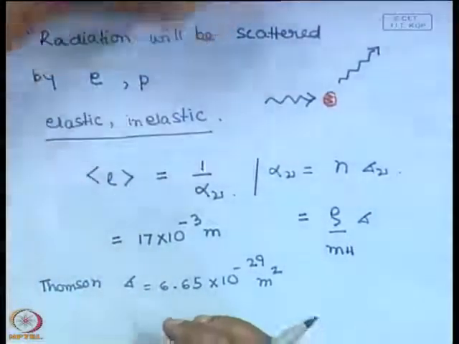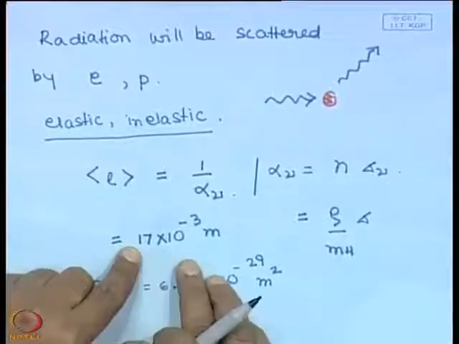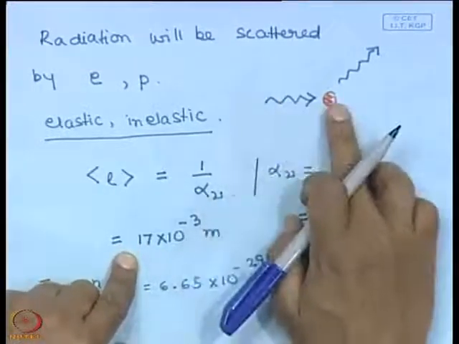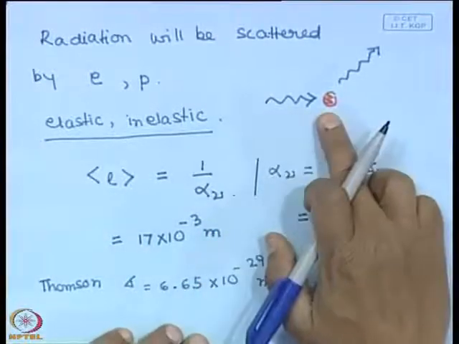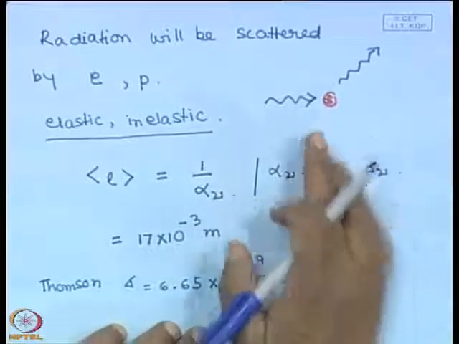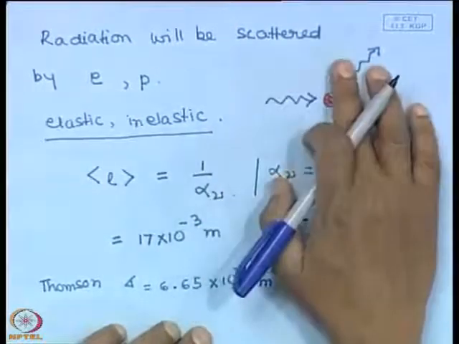But it can only propagate around a centimeter before it gets scattered by electrons. And as a consequence of this scattering, the photon that is propagating outwards will now be propagating in some other random direction.